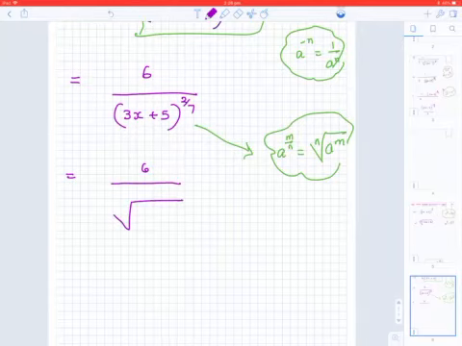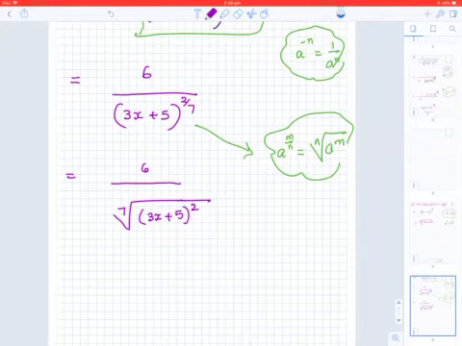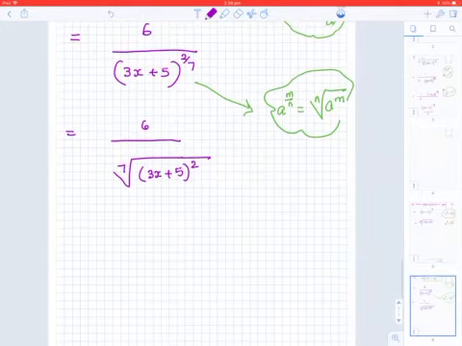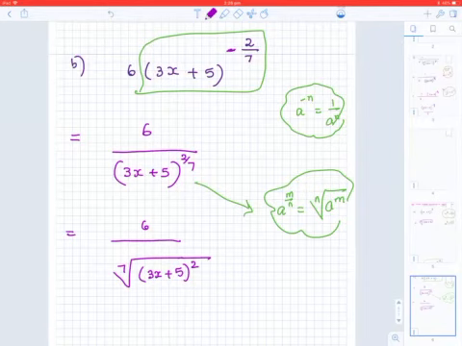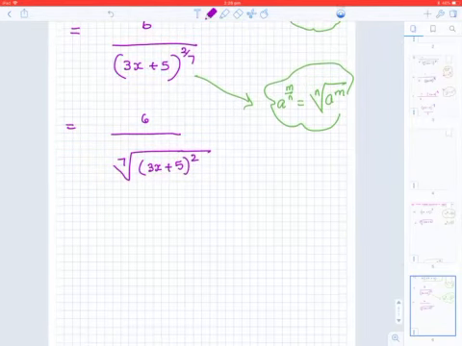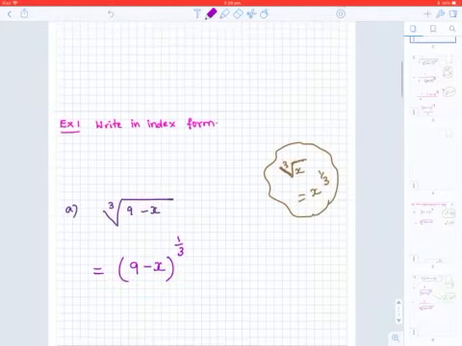If I do that, now that question becomes 7th root of, because 7 is in the denominator, that goes here, 7th root of 3x plus 5 to the power 2. Okay, so in this particular situation, you don't have a fraction as index, or a negative as an index. So this is your answer for the question. 6 times 3x plus 5 power negative 2 over 7 can be written as 6 divided by the 7th root of 3x plus 5 the whole square.